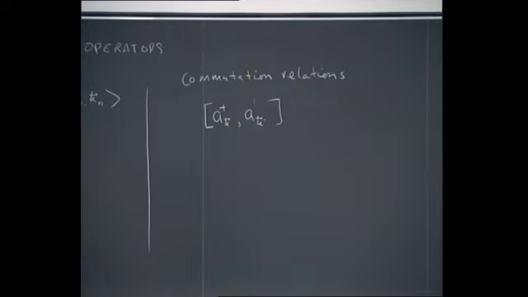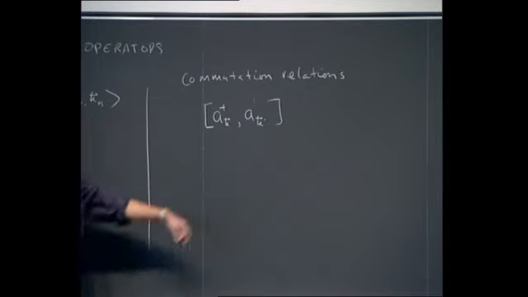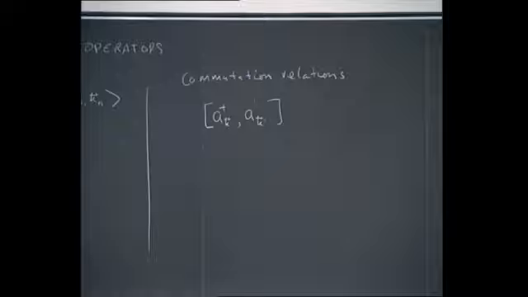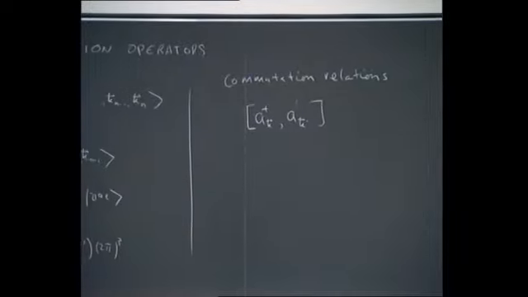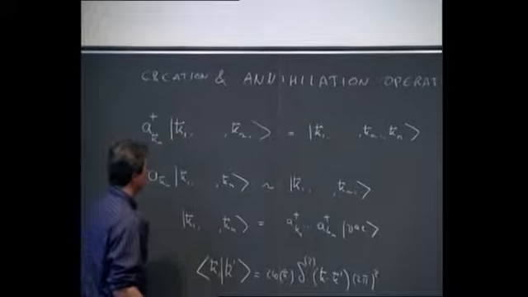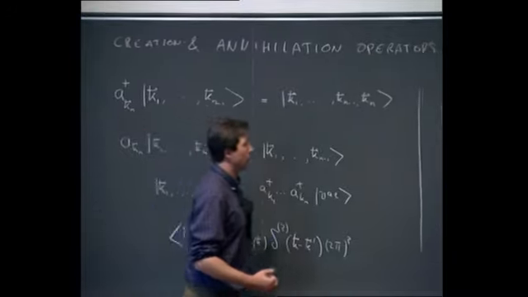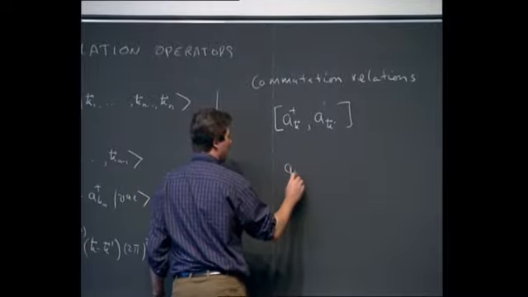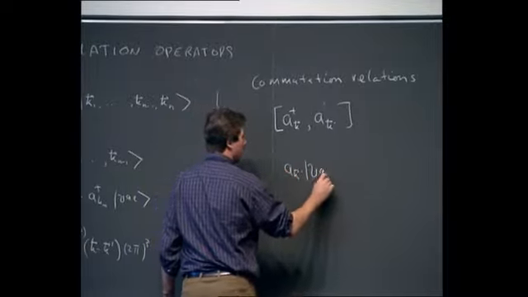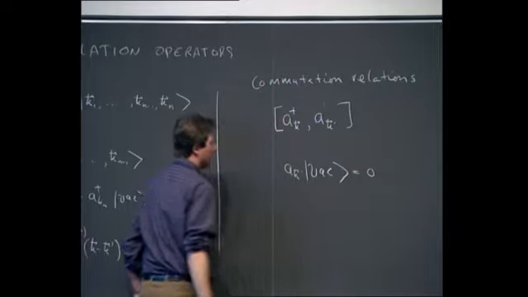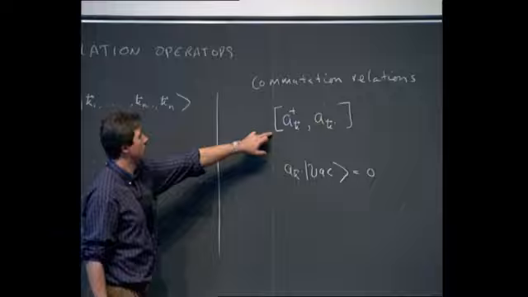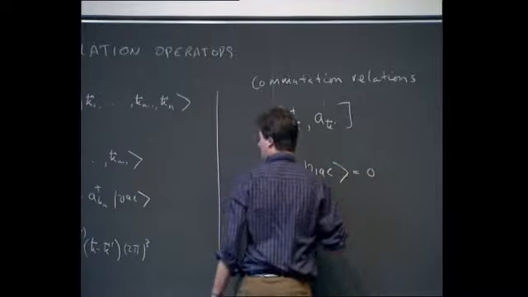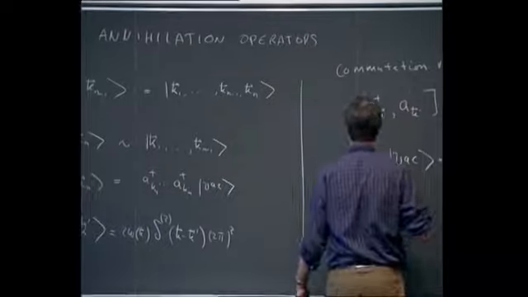well, one way of computing it is to take the expectation value of this commutator in the vacuum state, and then using this normalization, you find that this expectation value, well, actually the operator A_k, when it acts on the vacuum, because it annihilates a particle, it annihilates also the vacuum. So that's one of the equations which I should have mentioned: the fact that A_k annihilates the vacuum is equal to 0. And then if I take this commutator inside the vacuum, you find that the answer will be exactly the normalization of the one particle state.